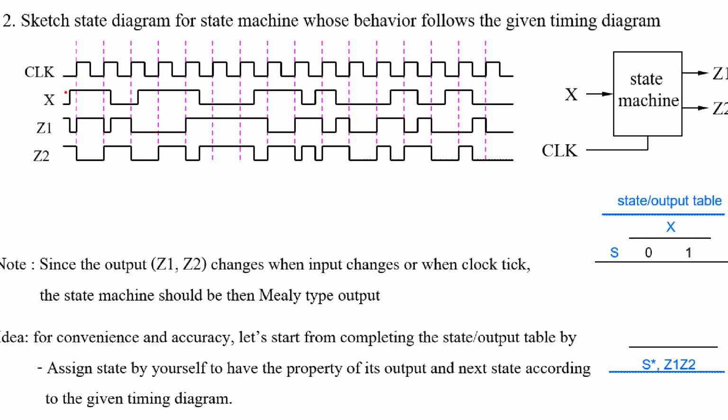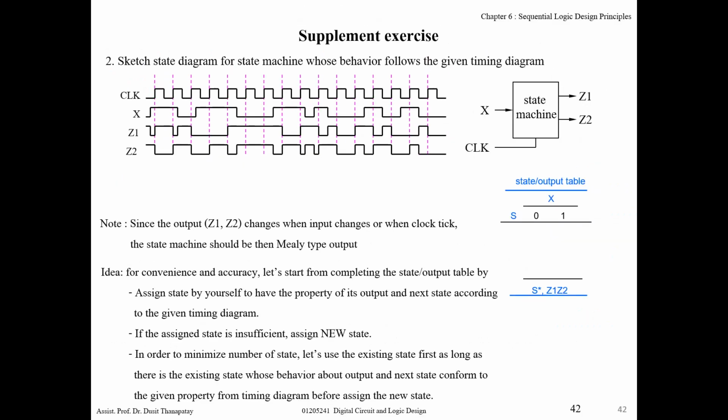Maybe you consider when input is constant, and when clock ticks, output changes. Or here the input does not change but the clock ticks and output changes. That means this state machine changes at the positive edge, right? So now it's just constant only when clock ticks at positive edge. So the state will change. Now let's start the analysis.